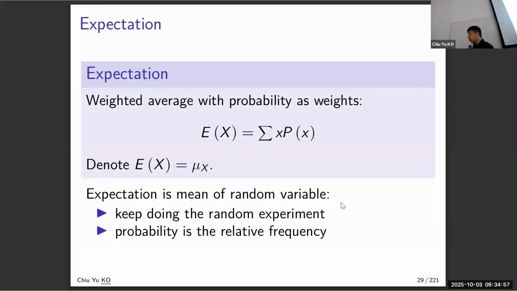And after that, we studied expectation and variance. The reason why we do this is because big P and big F can be very complicated. So I don't want to know the P, I don't want to know the F, but rather, can you give me a number that summarizes the P or F?